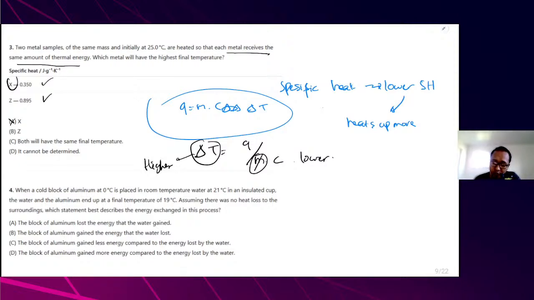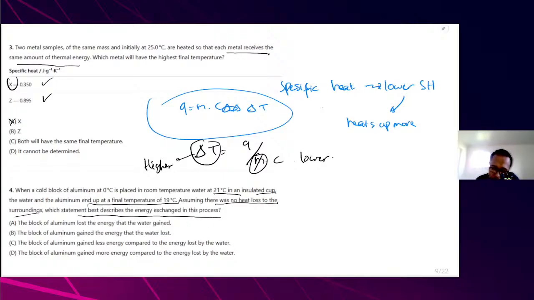Based on this information, let's move on to another question. When a cold block of aluminum at 0 degrees Celsius is placed in room temperature water at 21 degrees Celsius in an insulated cup, the final temperature is 19. Assuming there is no heat loss to the surroundings, which statement best describes the energy exchange in this process?